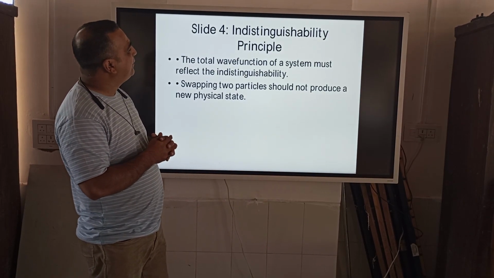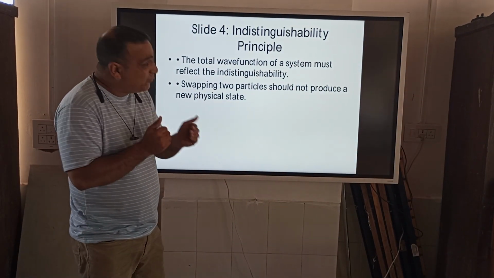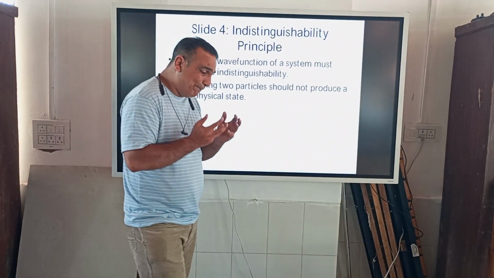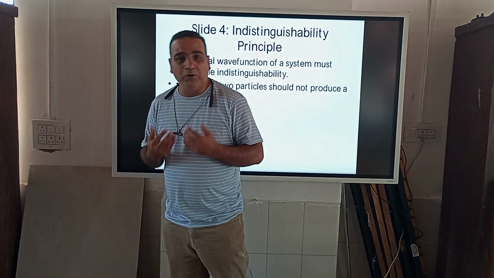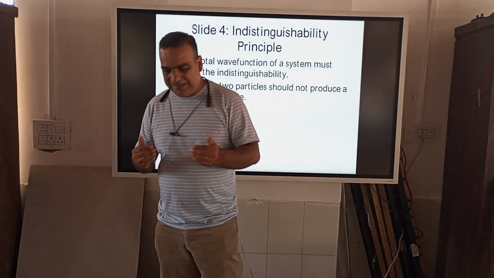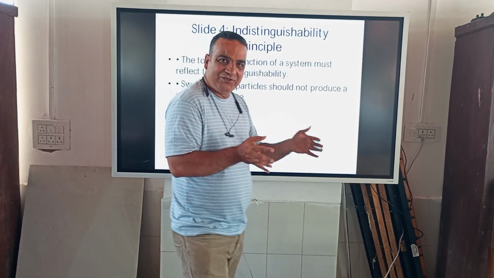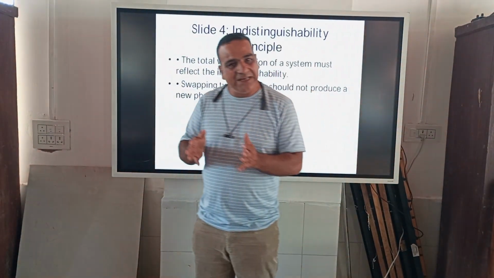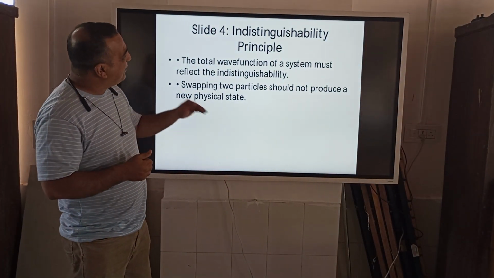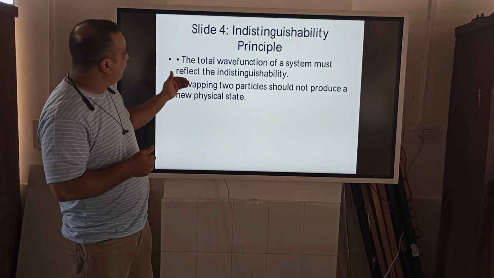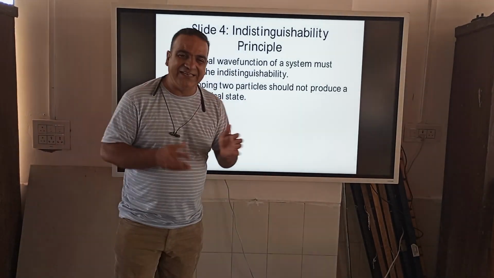Now, talking about this indistinguishability principle in the framework of the wave function. As we know, the basic tool of the quantum world is the wave function. The overall information about the system is enclosed within that wave function. But at the same time, this wave function does not have any physical implications unless you calculate its probability density. To understand this indistinguishability principle, the total wave function of the system must reflect this indistinguishability.